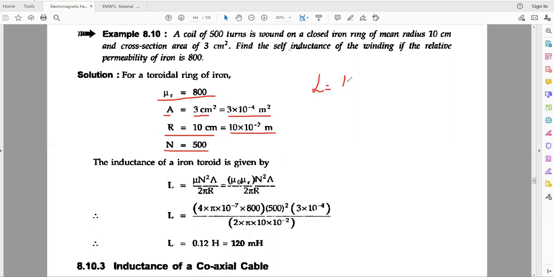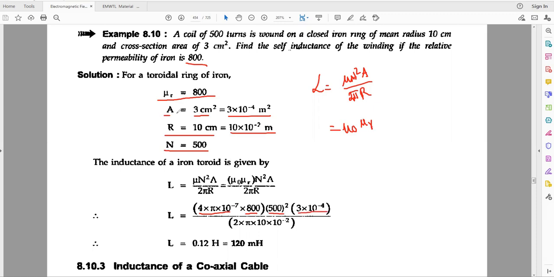So what is the inductance formula now? Mu into n square A by, here it is given a closed iron ring, so 2 pi r, with A the cross-sectional area. Mu is mu naught into mu r. Mu naught we already know, 4 pi into 10 to the power of minus 7. And the relative permeability of iron is given, 800, and n square, 500 square.